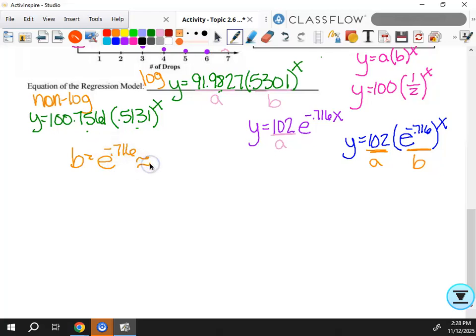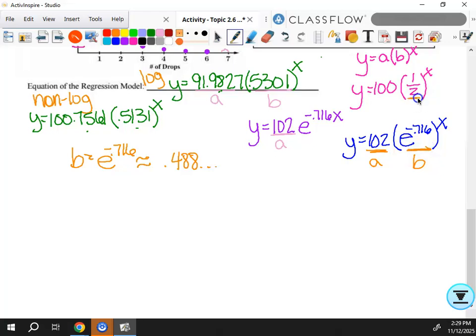And then somebody type into Desmos e to the negative 0.716 power. I want to know what that is as a decimal. .488? Oh, that's interesting. That's what it was last period too. Last period was like 0.488 something, which is right here.